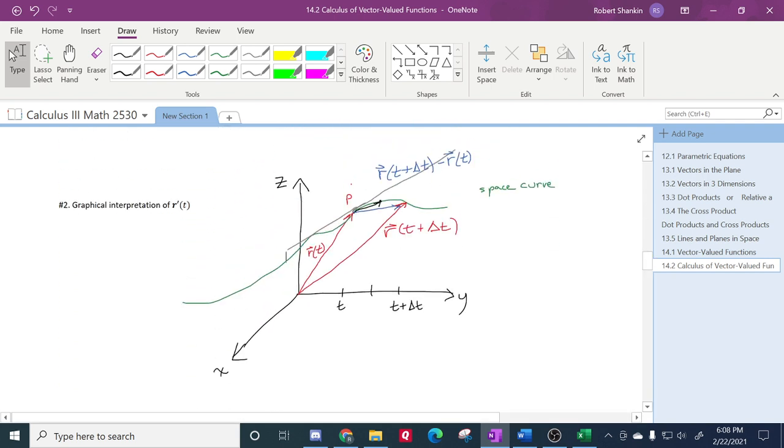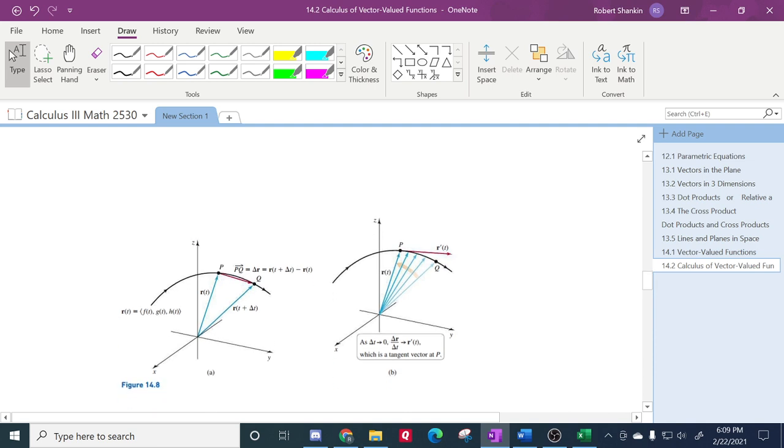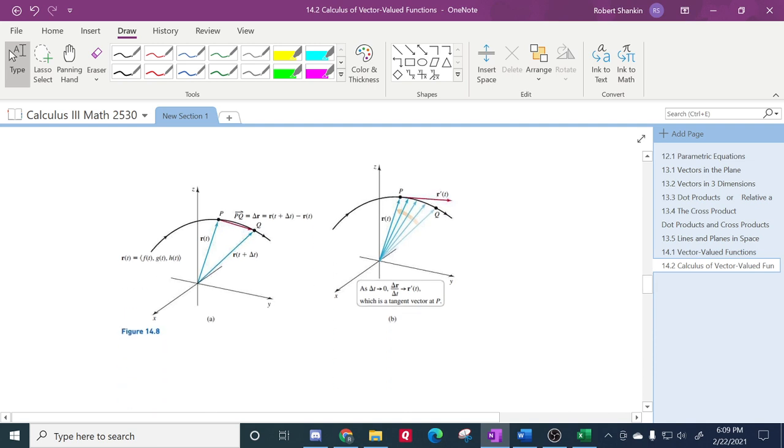Alright, so this, what I was putting in kind of a crude drawing, is done again in your textbook like this. This is directly from the textbook. If you have r(t + Δt), the arrow between them, so that's destination minus starting point. That's that red vector right there.